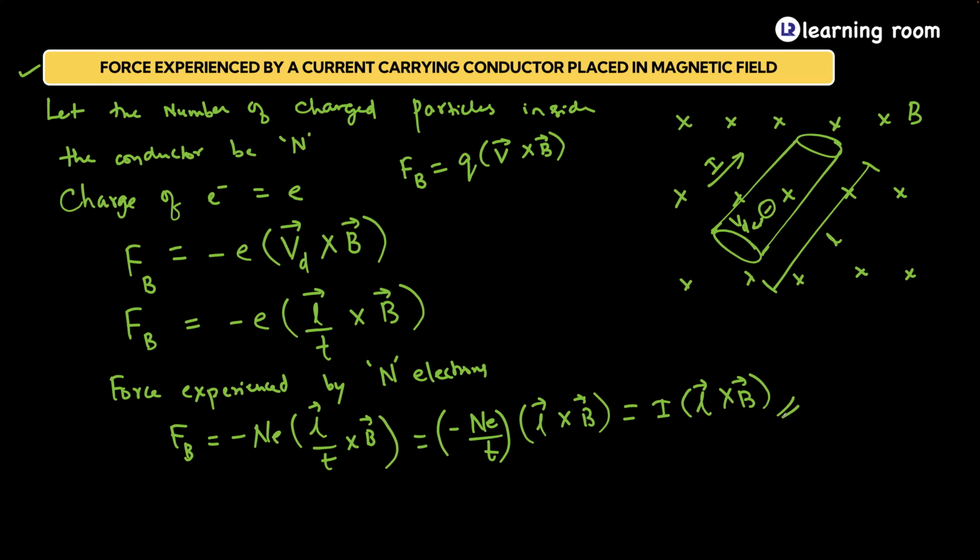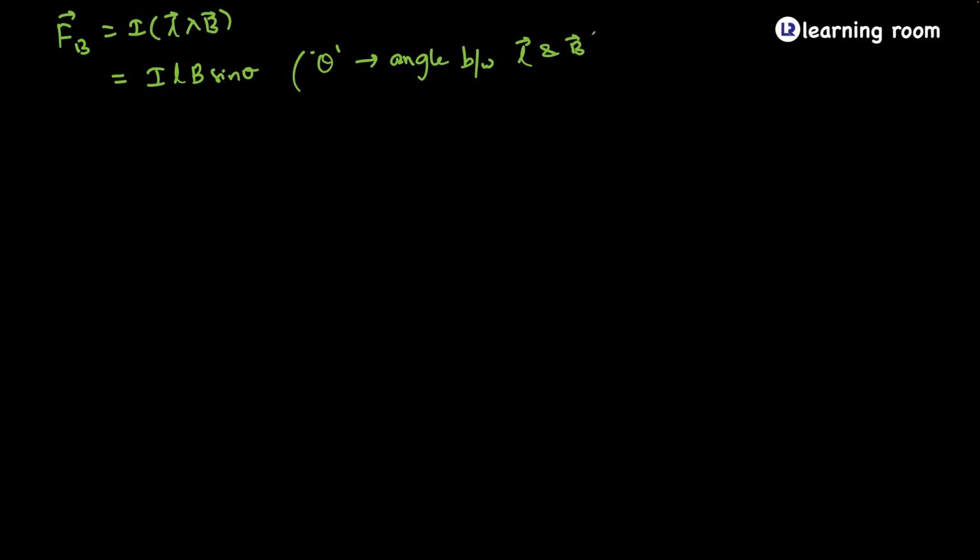Is that point clear? So this force I into L cross B can also be written as ILB sin theta, where theta is the angle between L vector and B vector.